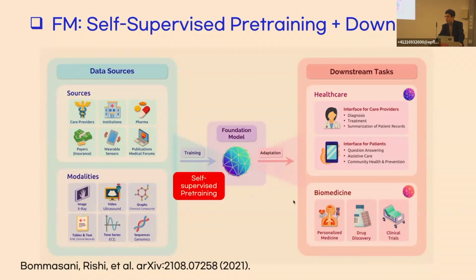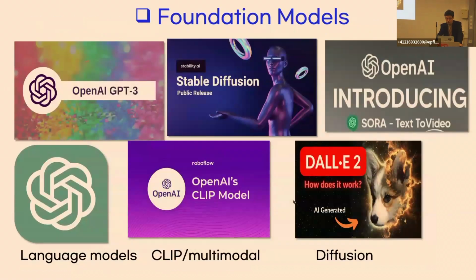In that case, there could be a small number of labels as well. There are a lot of foundation models. The language model is one of the most popular, and many people misunderstand the foundation model as just the language model. But in fact, the image model, like the diffusion-based model, is a very important class of foundation model because it is also based on pre-training and downstream tasks.